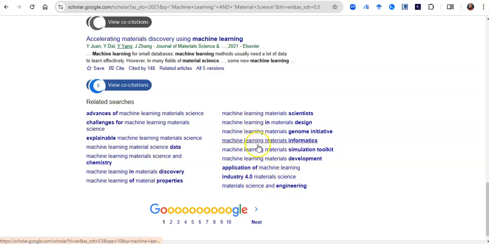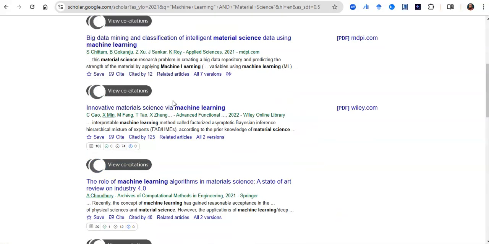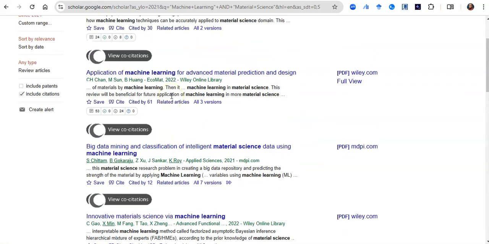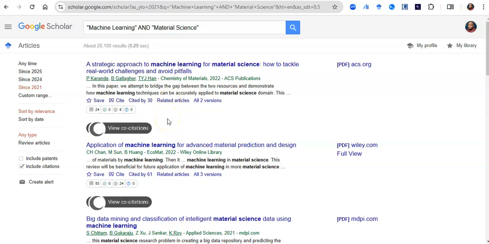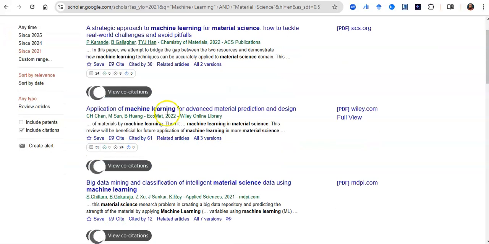These are all possible directions you can refine that research interest in material sciences and machine learning into. But let's open 1 or 2 papers and get to understand where the world is going in material sciences and machine learning.